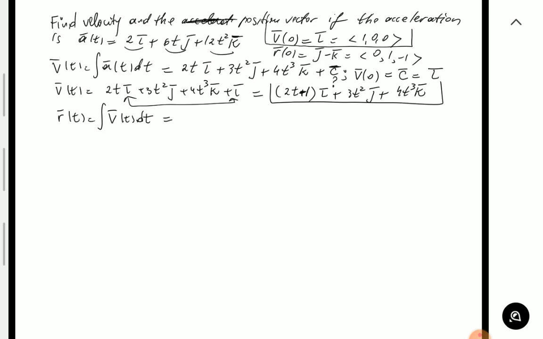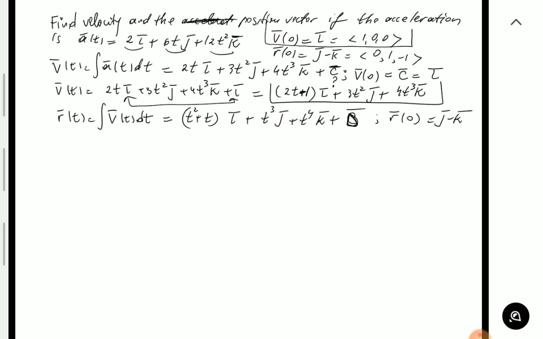All right, so let's do it. The integral of v of t, again component by component, is t squared plus t i plus t cubed j, plus t fourth k, and then again another constant of integration. We can still call it c because we're going to find it immediately, it doesn't have to be the same. Well, actually, so we avoid any confusion, let's call it d. That comes again from the initial condition, which in this case is r of 0 equals j minus k.